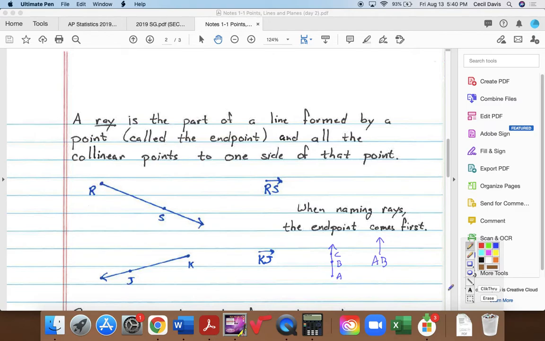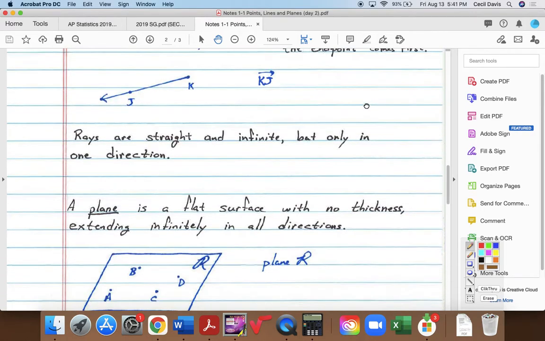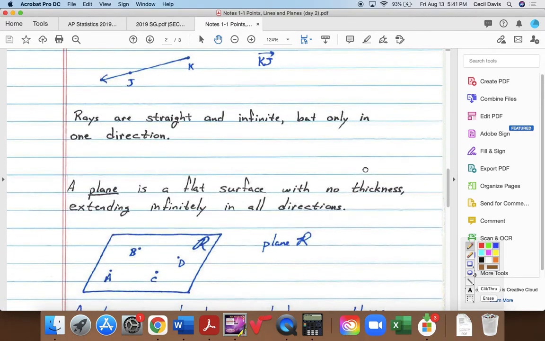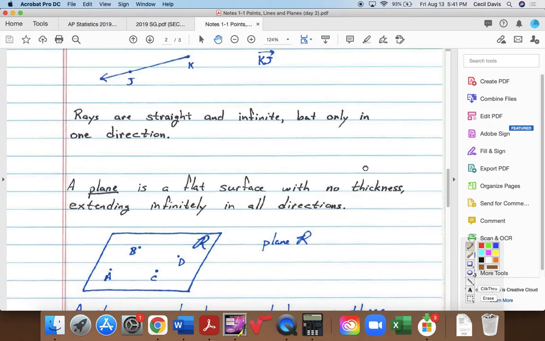It begins to get a little silly if you try to match that. So since we read from left to right, we'll always put the letters from left to right, end point, and then some other point on it. And again, it doesn't matter which. So we won't do it that way. We'll say ray AB or ray AC. Either one is fine. Notice the A has to be first though, because that's the end point of the ray.